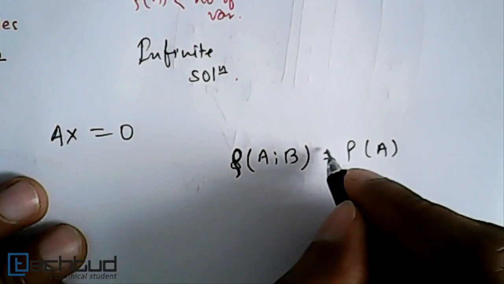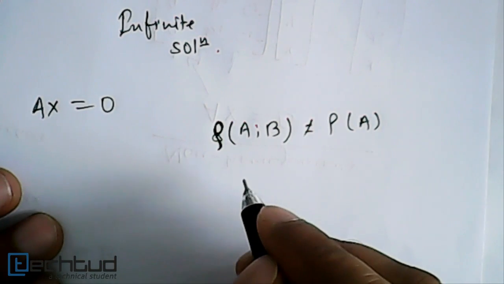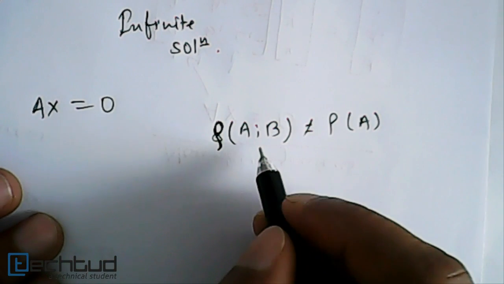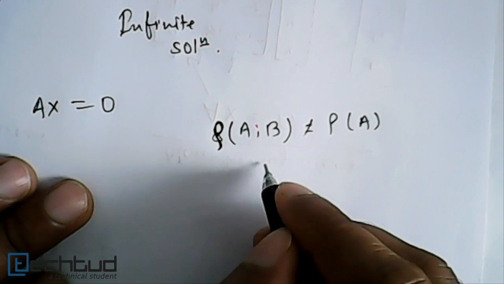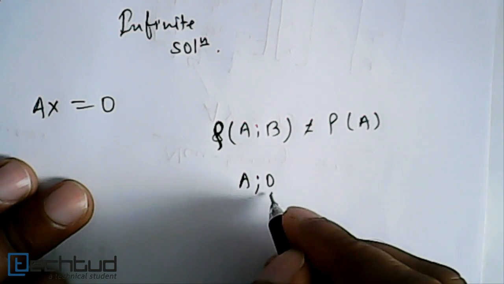If it is not equal, then the system is inconsistent. But if you consider a homogeneous equation, what is b? b is equal to 0, right?